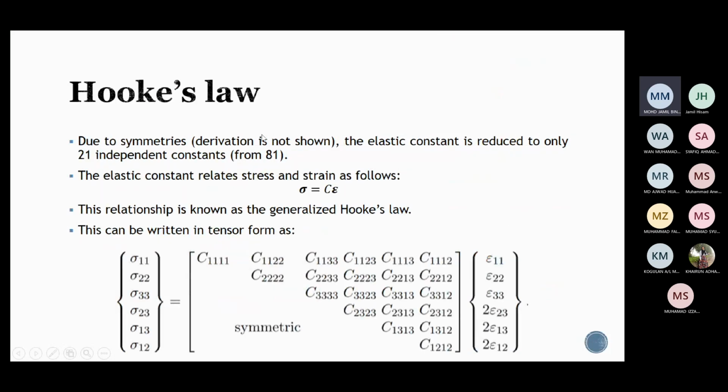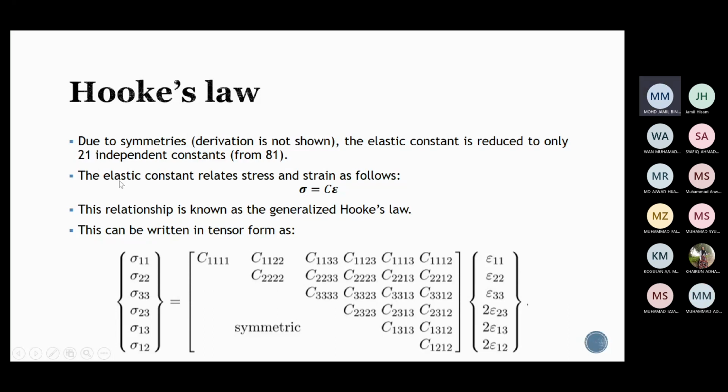So just now we have the elastic constant that has 81 constants, 81 elements, but due to symmetries, and here I don't show you the derivation, we can reduce the number of independent constants to 21.